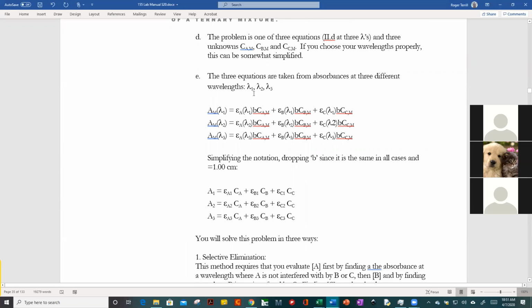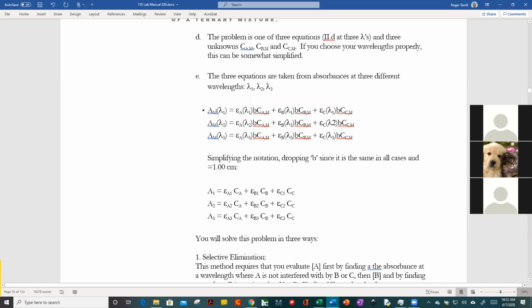If we choose lambda 1, lambda 2, and lambda 3, just choose 3 wavelengths, then we can write 3 equations. Absorbance of the mixture is equal to epsilon of acetone at that wavelength times B times C of acetone.